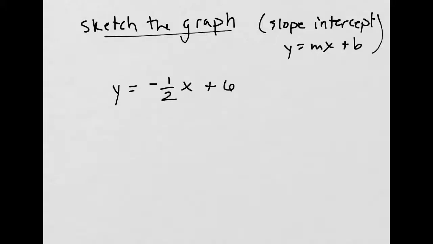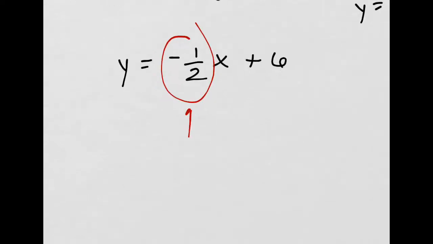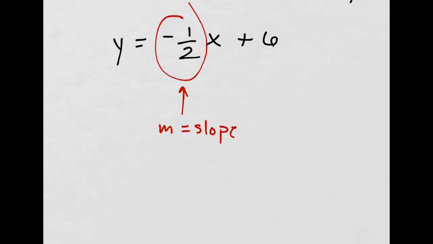So here, this says sketch the graph, and this is in slope-intercept form, which is y equals mx plus b. In this form, this is actually the slope. That's the slope. M equals slope. So many people make this mistake: it's negative 1/2, not negative 1/2 x.